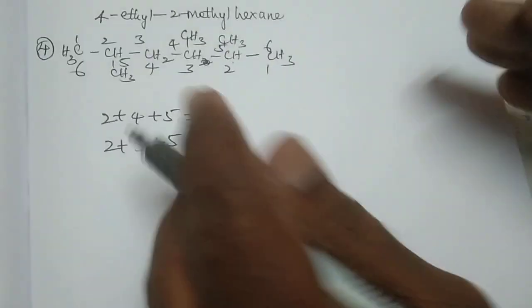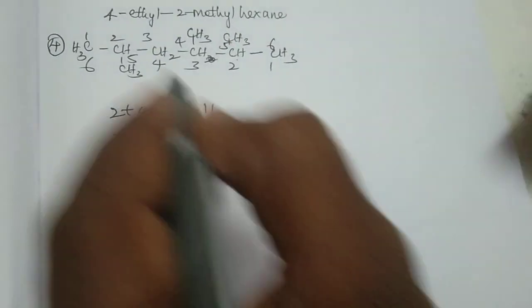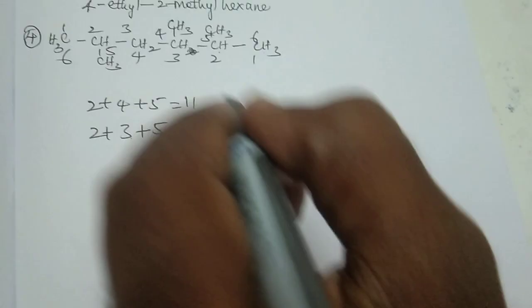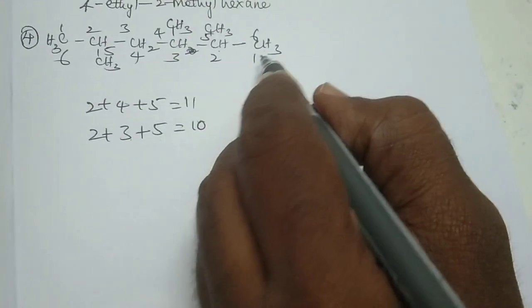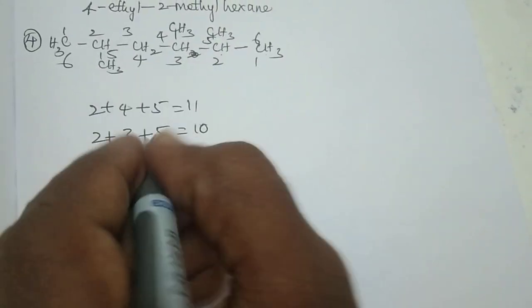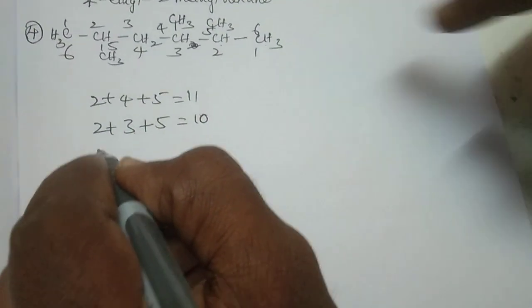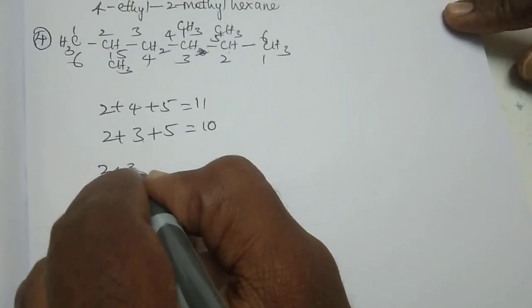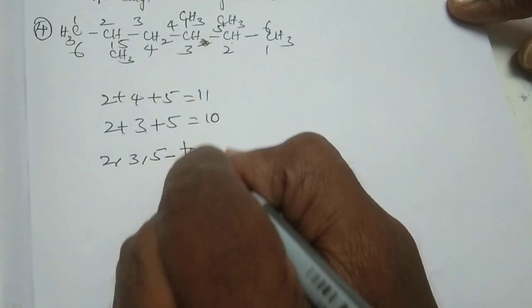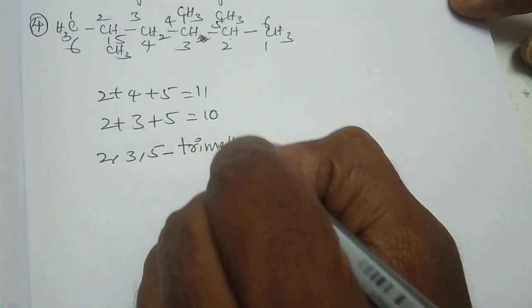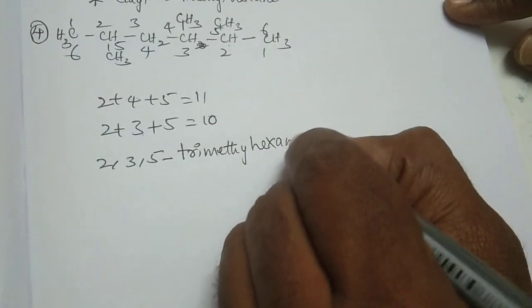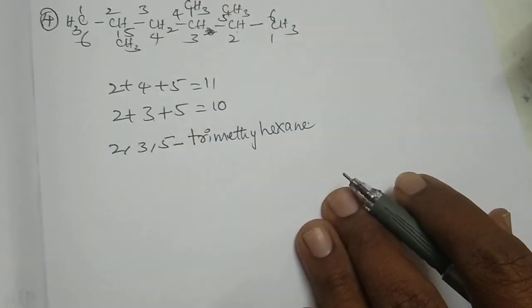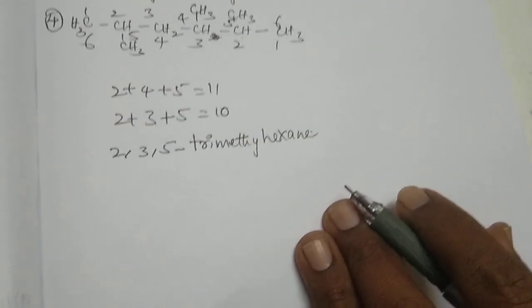So from this side you get 10, and from the other side you get 11. So from whichever side you get the lowest number, from that side you have to give the numbering. According to that, the name of the compound is 2, 3, 5-trimethyl hexane. So these are some important rules you have to keep in mind.